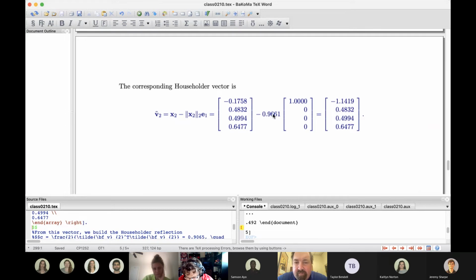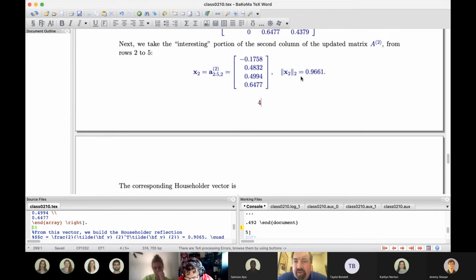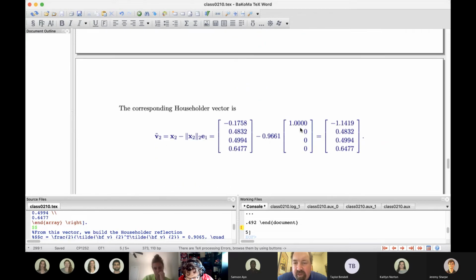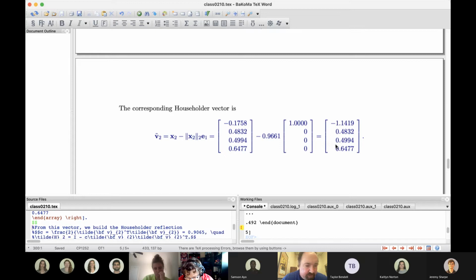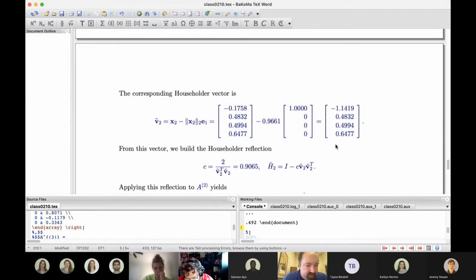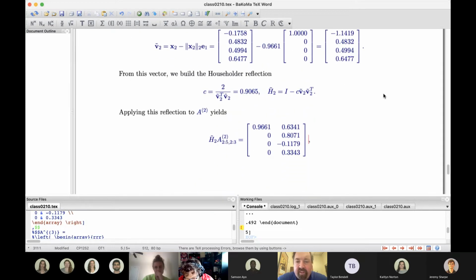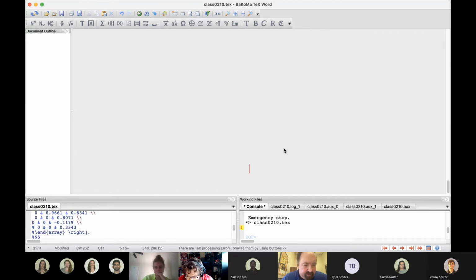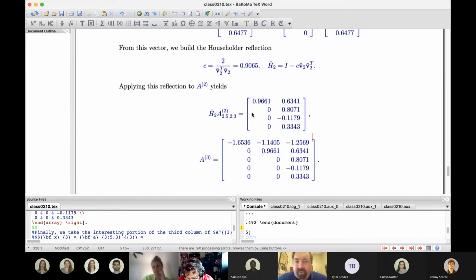So I'm subtracting the norm of x2 times e1, and that is my vector v for my Householder reflection. That's going to work on column 2 and rows 2 through 5. So I make my Householder reflection, and I apply it. Working on columns 2 through 3, that's what I get. But now I want to apply this to the entire matrix A, so this part gets stuck back in here. Okay.